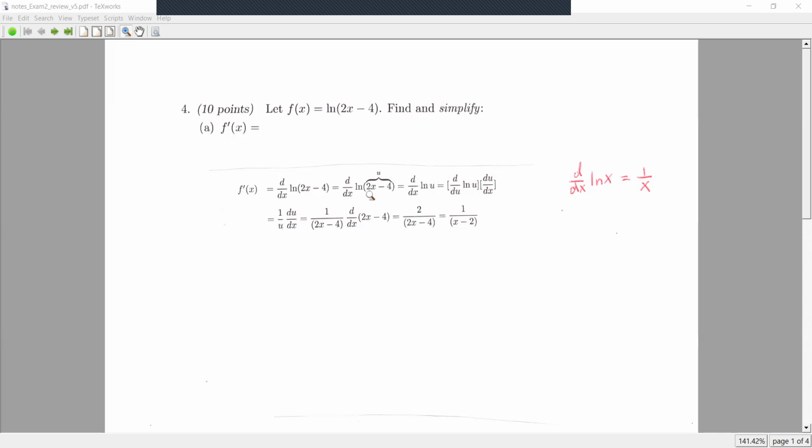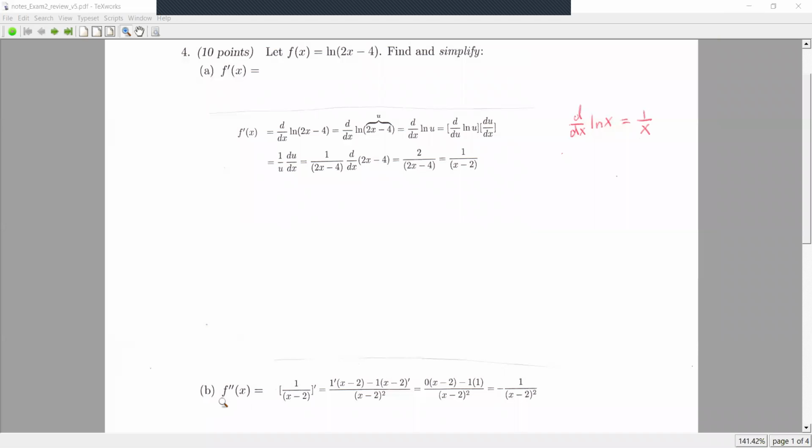Now, plug in 2x minus 4 in the u here. Then I have this equation. The derivative of 2x minus 4 with respect to x is 2. Then simplify this quotient by taking out 2 from the bottom and canceling 2. Then this is the answer to part A.